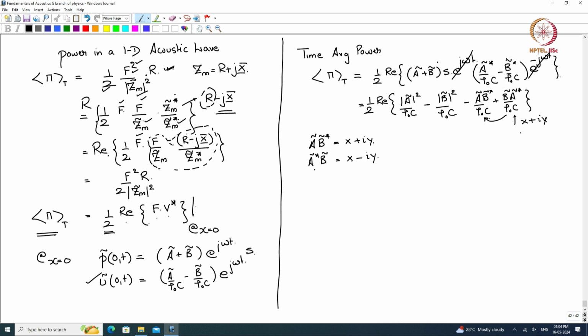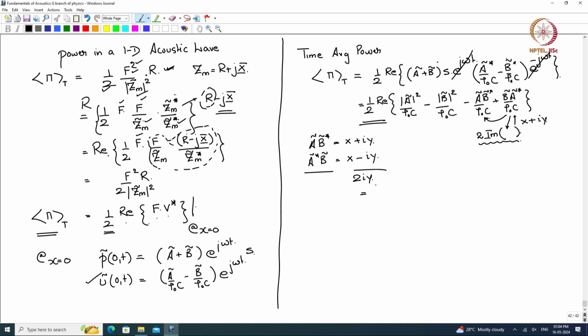So if I subtract, I get twice iy. So I get twice the imaginary part of this quantity over here, so it carries an i with it. And I am taking a real value over here, so the real will take out the imaginary quantity.